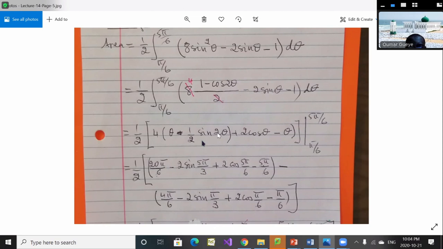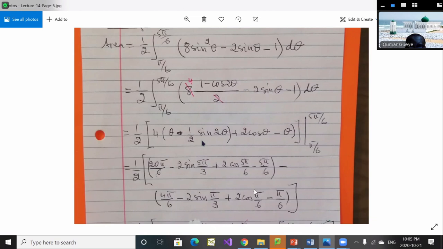And sine of 2 times 5 pi over 6 is going to be 10 pi over 6. You can simplify by 2, it becomes 5 pi over 3. For the second last term here, I'm going to substitute theta by 5 pi over 6 to get 2 times cosine of 5 pi over 6.